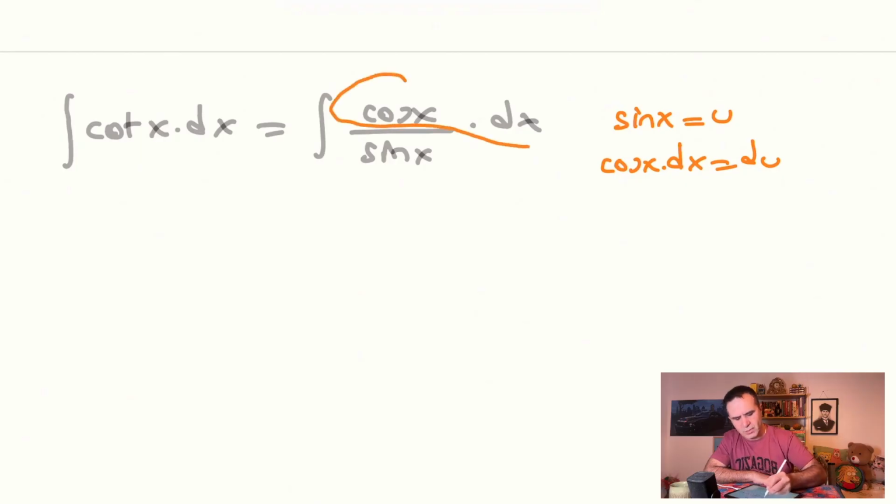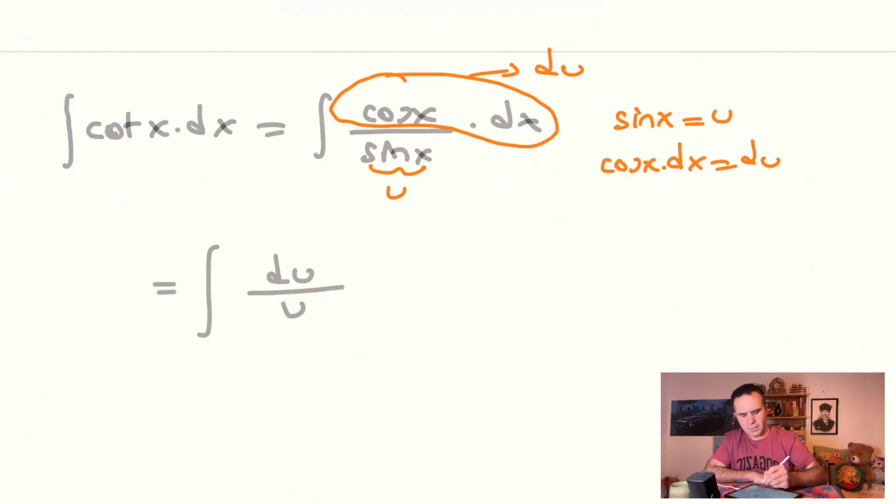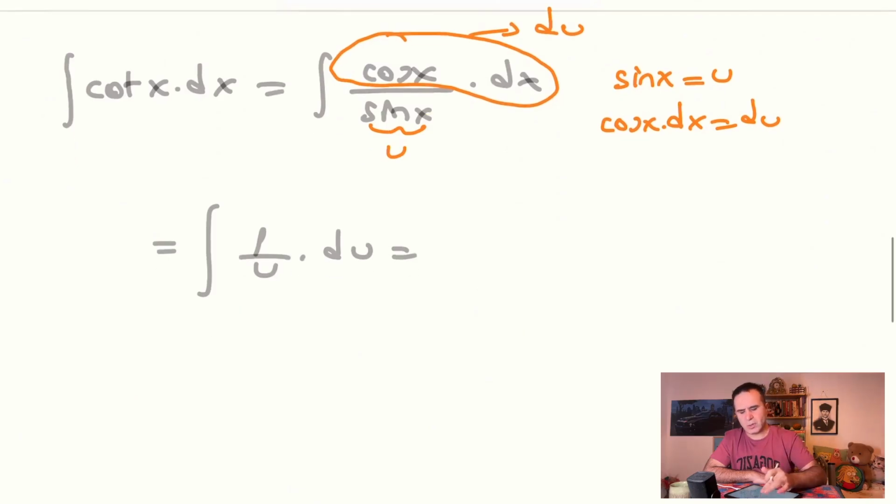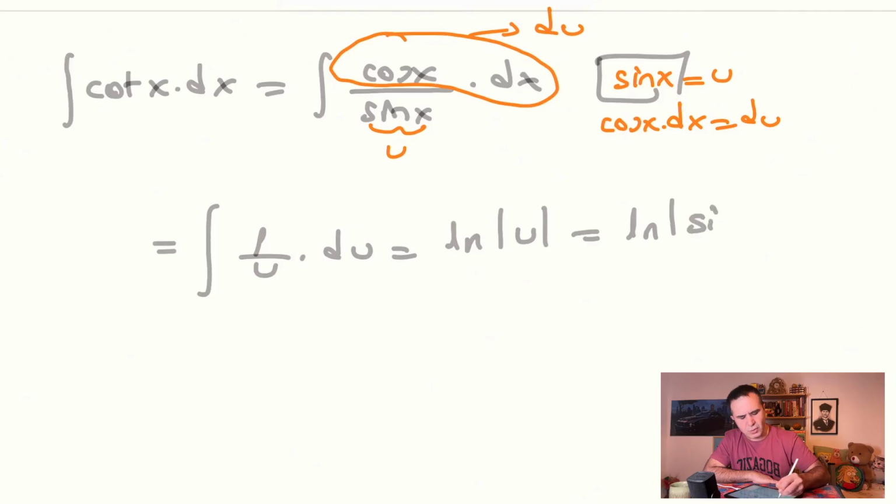Then cosine x dx is du and sine x is u. And the integral becomes the integral of du over u, which is 1 over u du. And we know that the integral of 1 over x is ln absolute value of x. So the integral of 1 over u will become ln absolute value of u, and u here is sine x. Then the integral becomes ln absolute value of sine x.